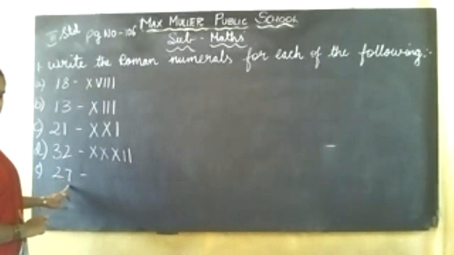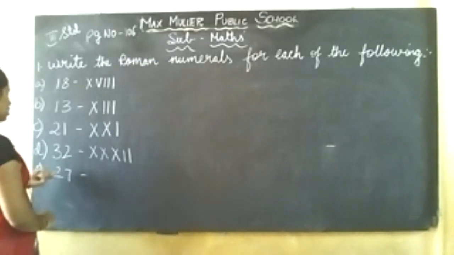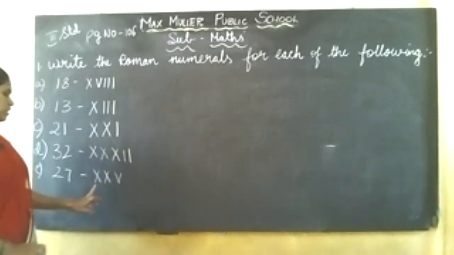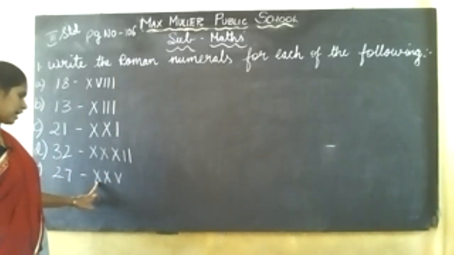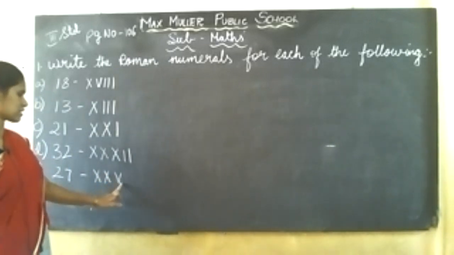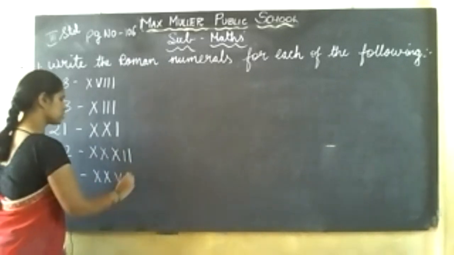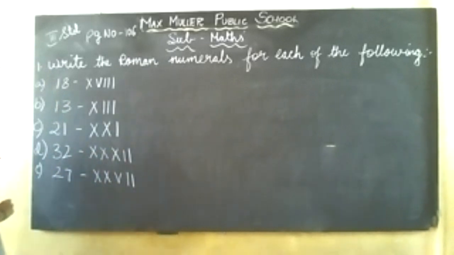So 27, how will you write 27? 2 times X you are writing. V means how much it will become? 10, 20. 20 plus 5, 25. They have given 27. So draw 2 lines. Understood all of you? Copy down fast.